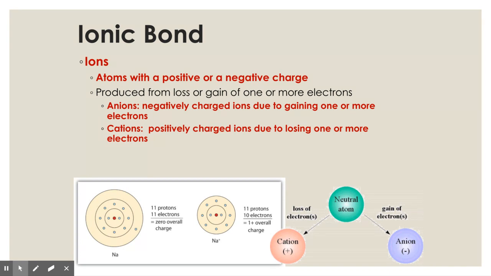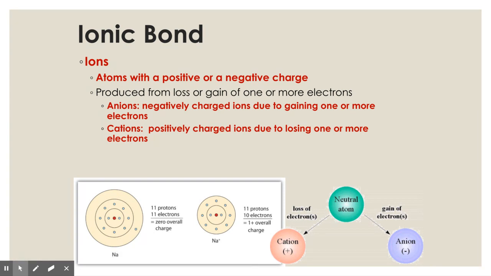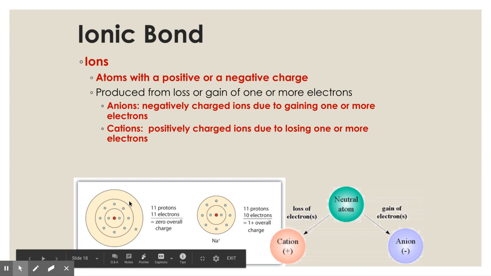So this kind of shows you here, we've got our sodium. Overall, it's going to have no charge, right? Because it has the same number of protons in its nucleus as electrons in the orbital clouds. However, sodium wants to get 8 valence electrons. It has an extra one here in this orbital.